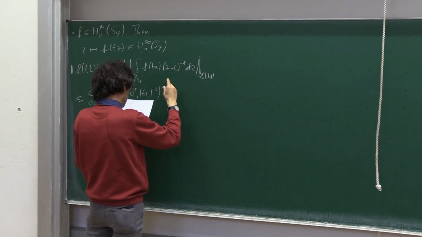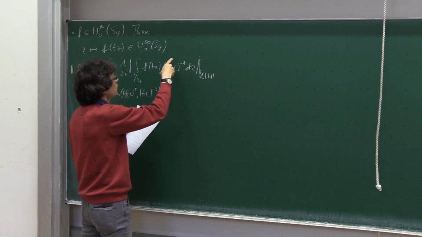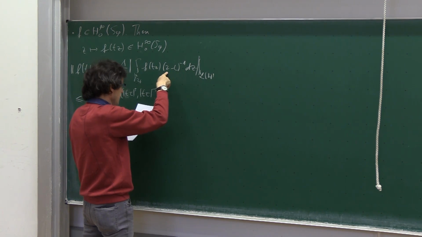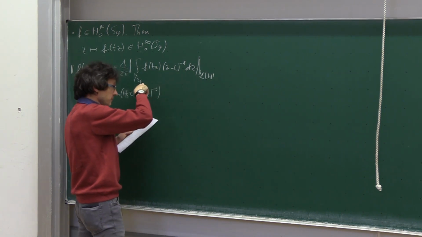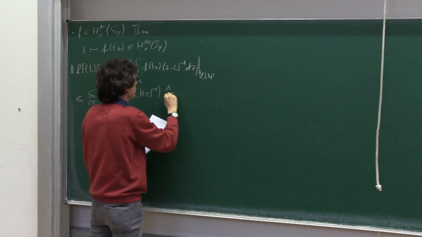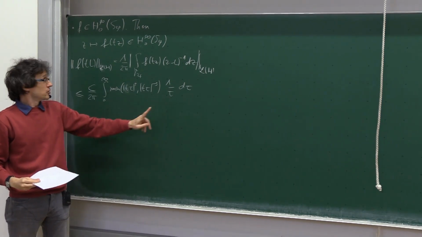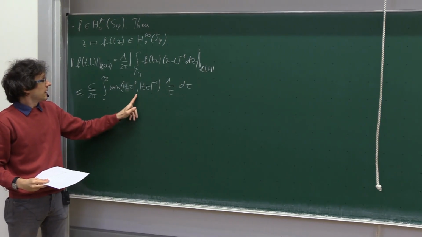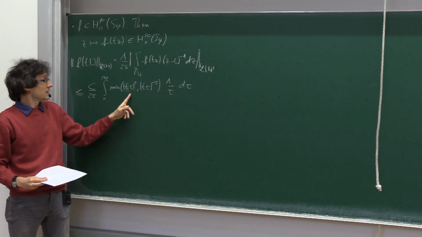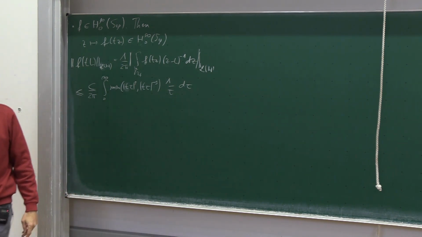And then there is the norm of this resolvent, but the norm of this resolvent goes like 1 over the parameter from the path, so this gives you 1 over t, 1 over tau. Okay, so this is the decay of the resolvent, this is the decay of the function f, and as usual the decay is so good that this is a nicely absolutely convergent integral, because you have enough decay at 0 and enough decay at infinity.